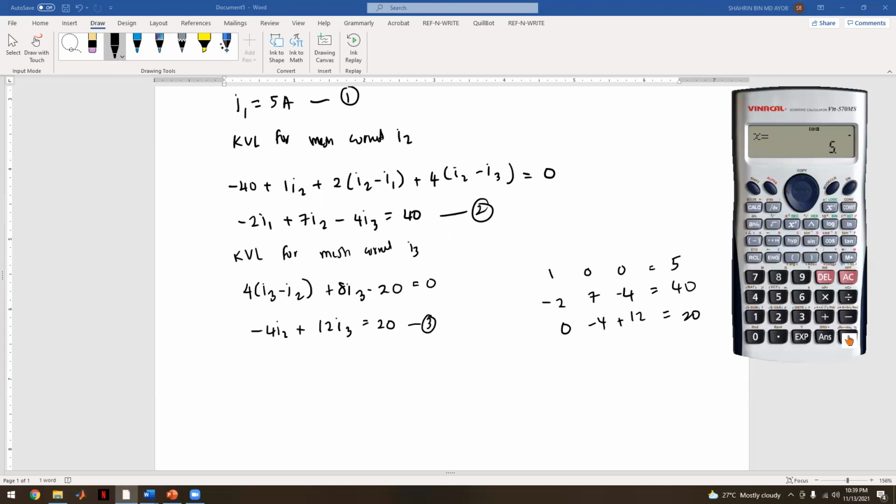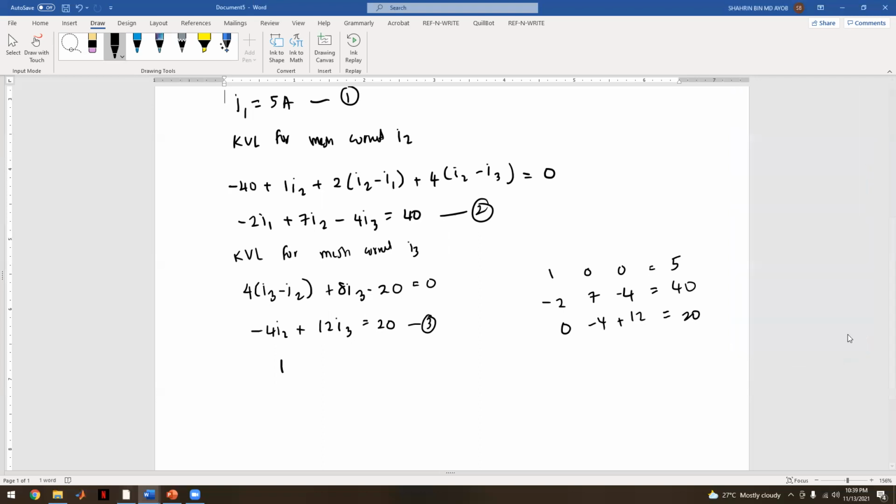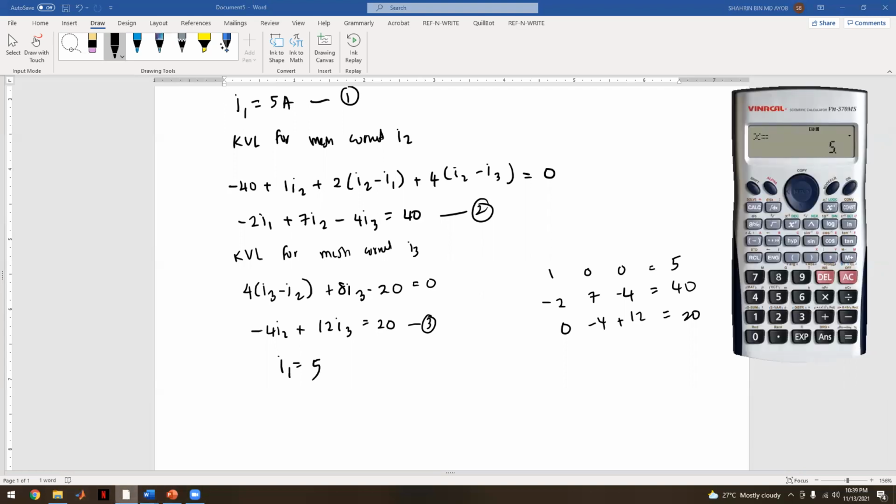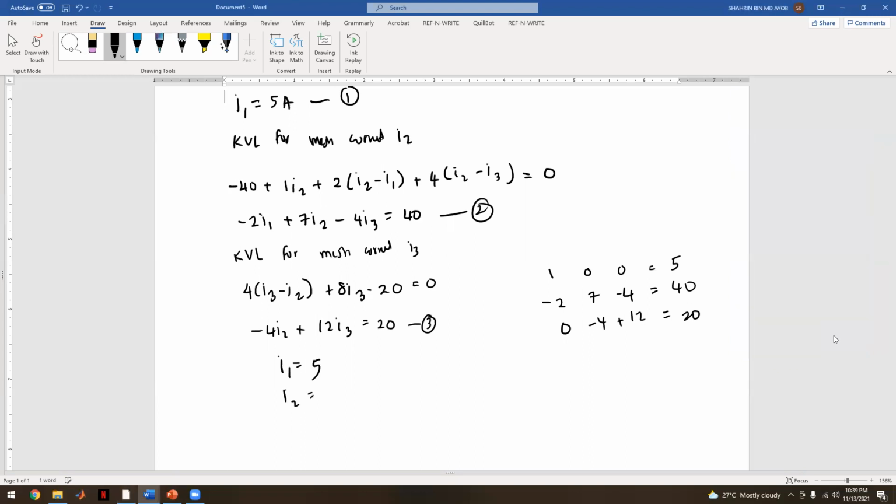So it will give me I1 equal to 5, which we already know. I2 is 10 and I3 is 5 amperes also.